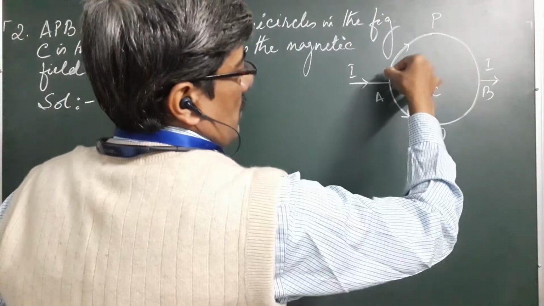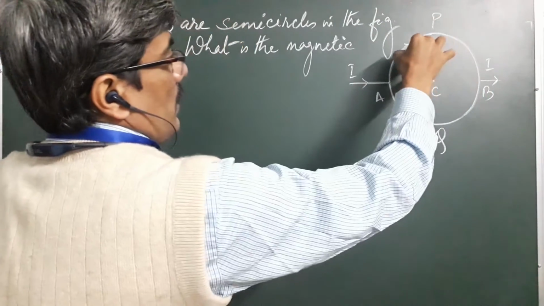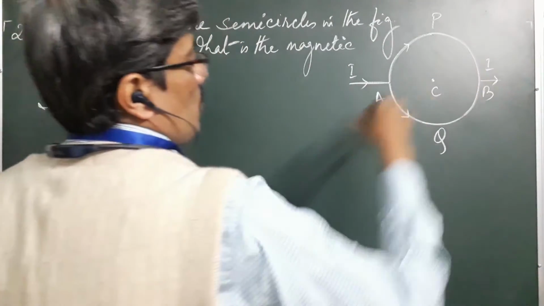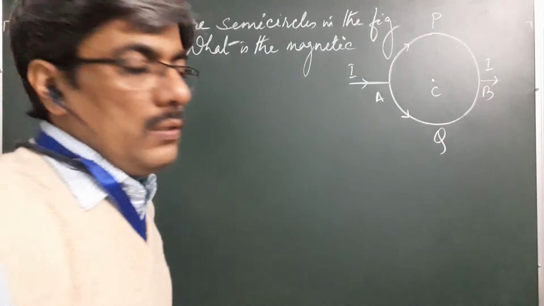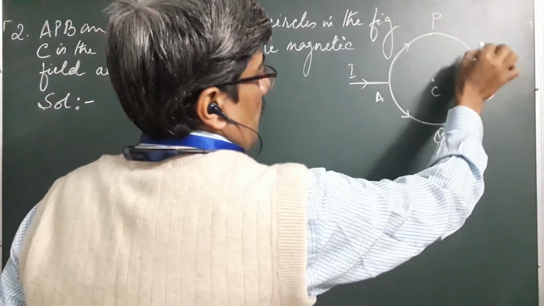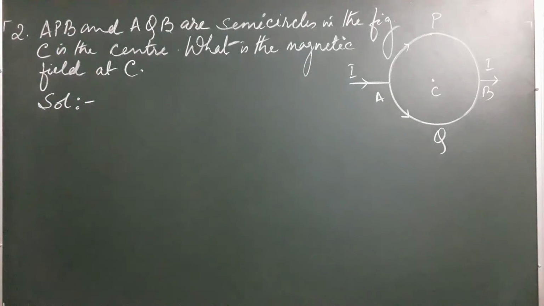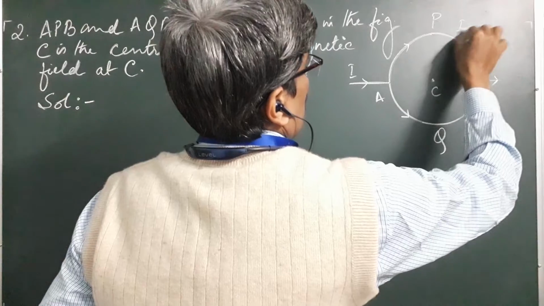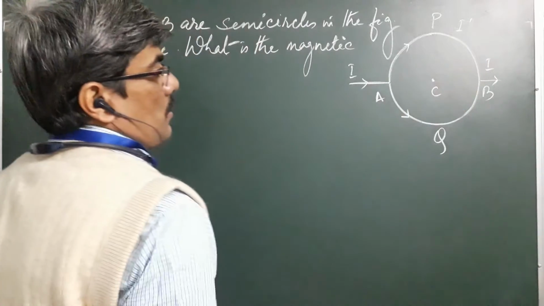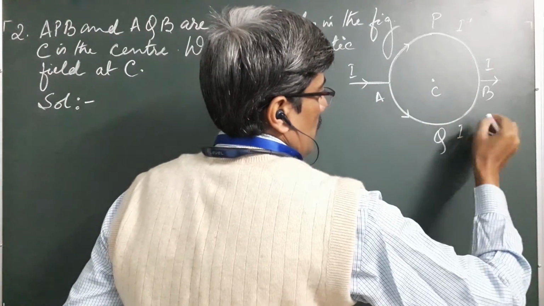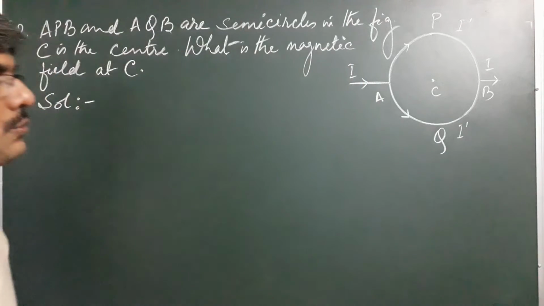Since these two parts are of equal length, the current flowing in APB and AQB must be equal because they are of equal length and equal material. So therefore the current is the same. Let us say the current in the APB section and the AQB section is I dash each.